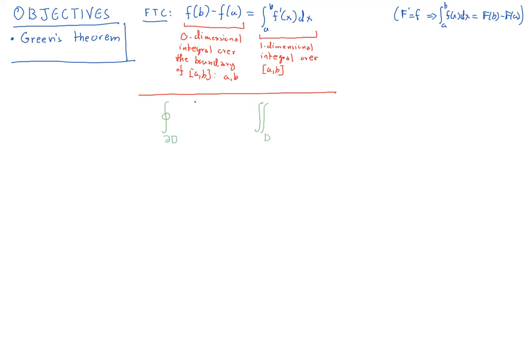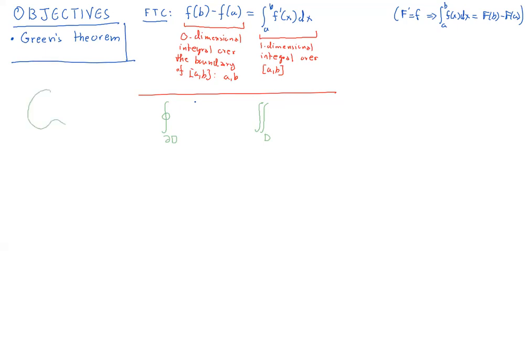So far, the analogy seems to be quite good. You have a one-dimensional integral on the left and a two-dimensional integral on the right. So the difference between the dimensions of those integrals is 1, and the integral on the left is taken over the boundary of the domain of the integral on the right. And here's how it works.